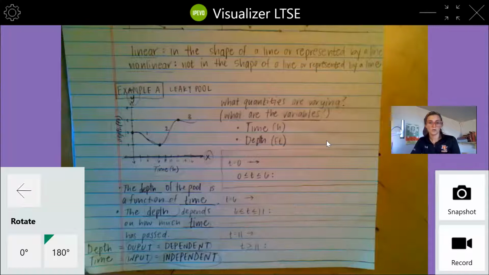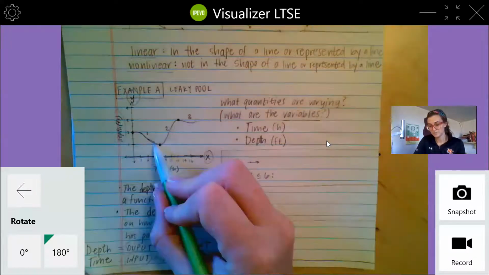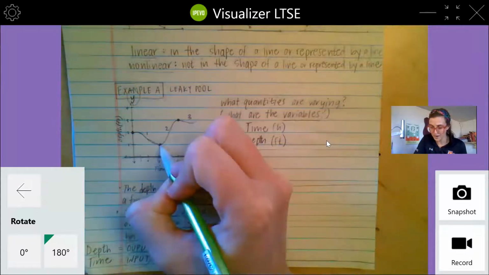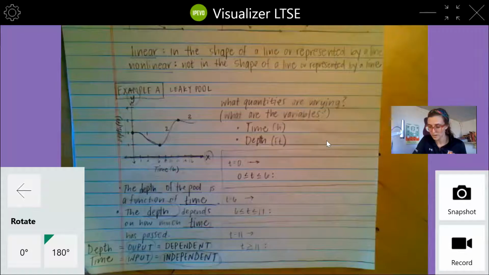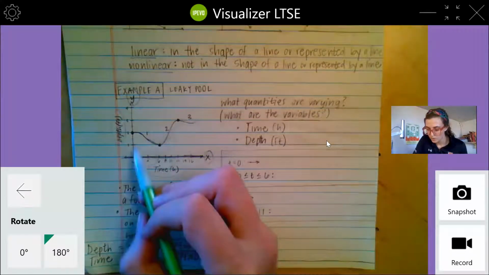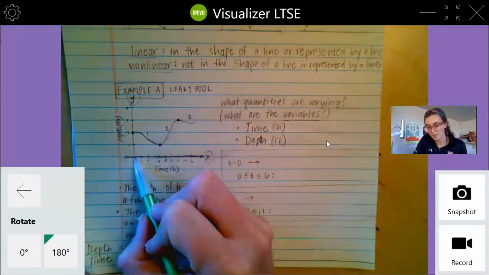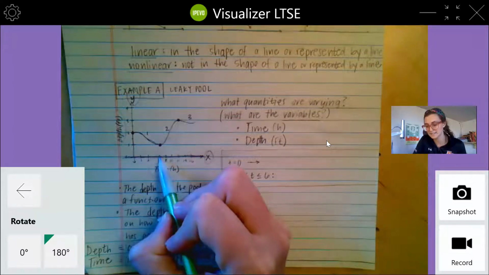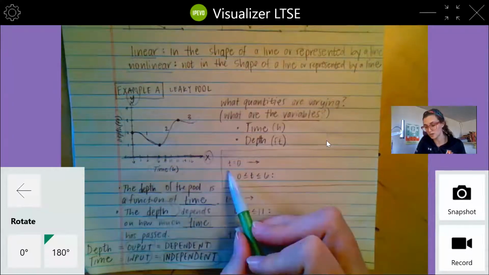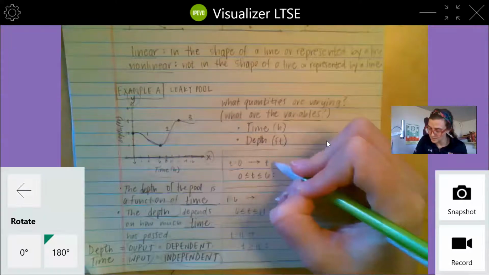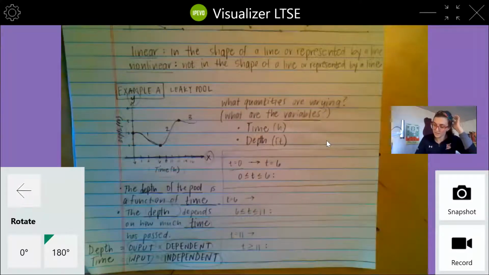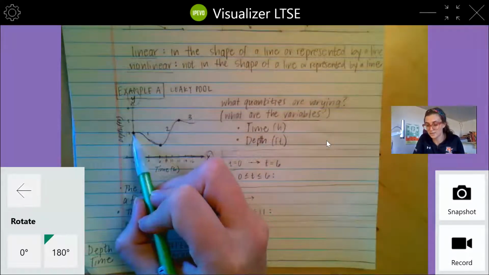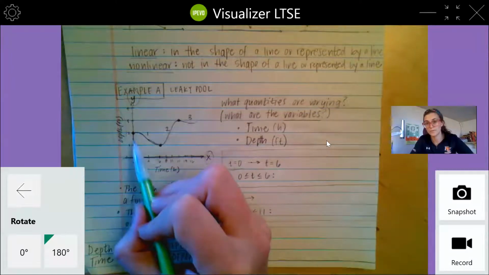Okay? So in this first section, we start up here at 2, and then we end down here at 1. The starting time was at 0. The ending time was at 6. So I'm going from t equals 0 to t equals 6. And during that time, the depth is decreasing from 2 to 1.